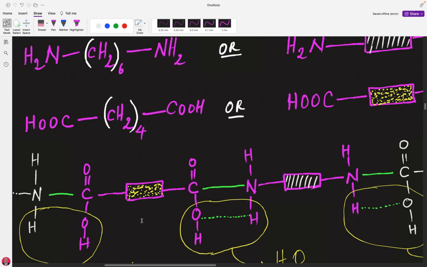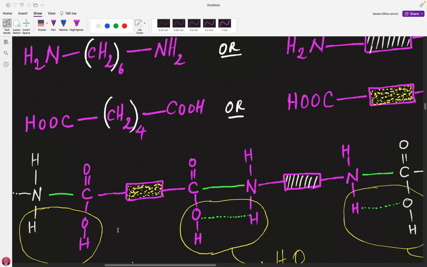This is the acid group here, and this is also the acid group here. On the other side, it is hexane 1,6-diamine. This is the amine group on this side, and this is it on this other side.